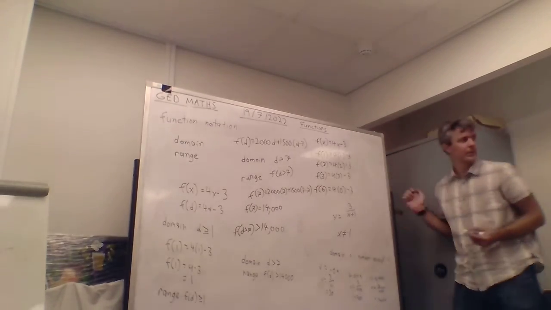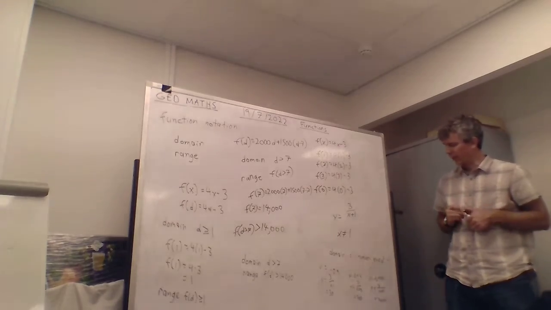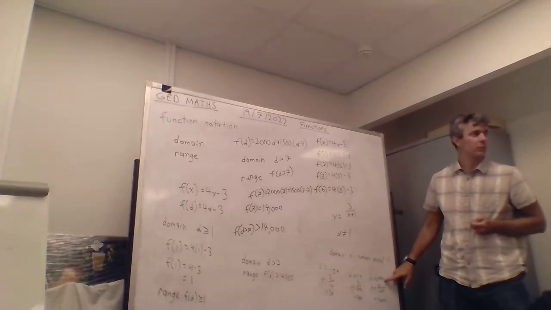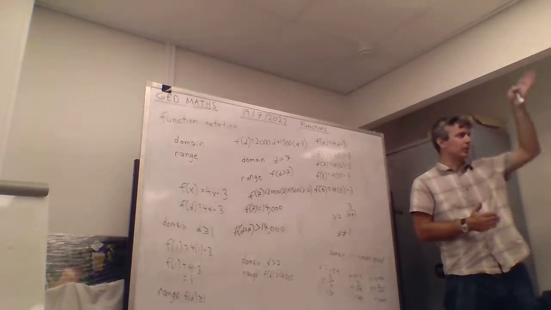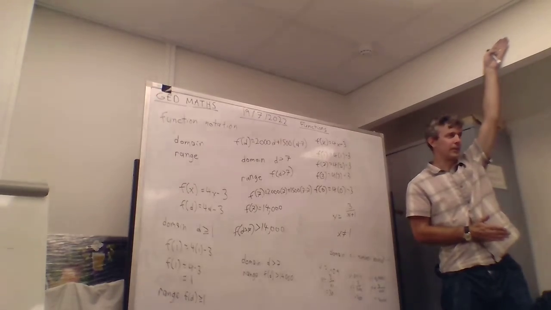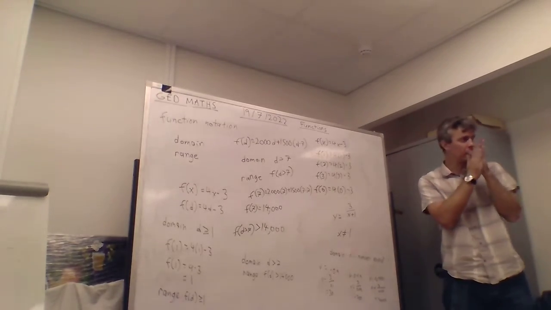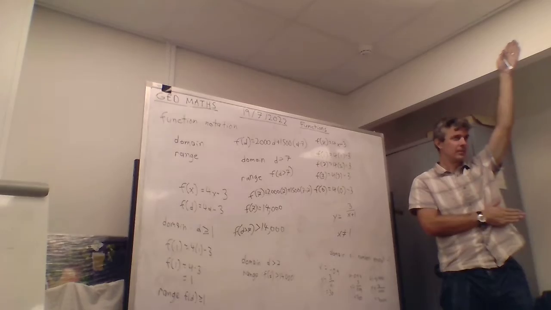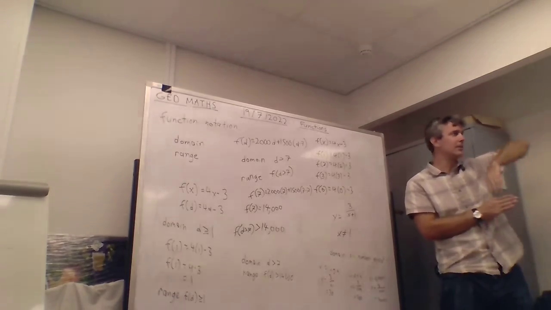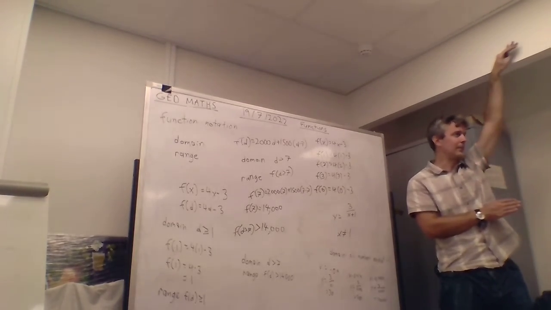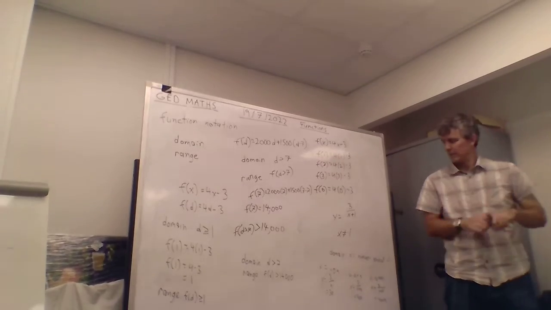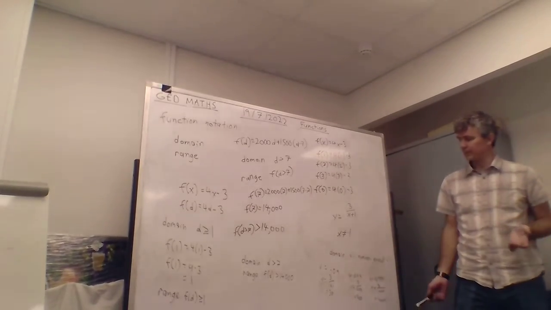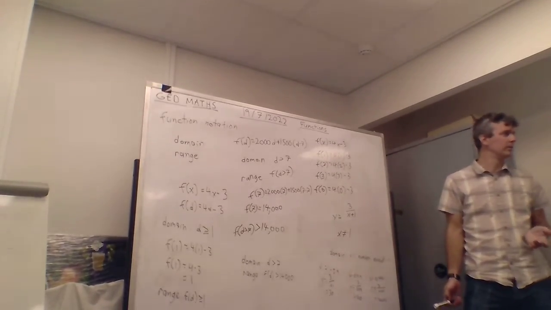Do you see what's happening? As we're getting closer to minus 1, y is getting bigger and bigger. So the closer we get to minus 1, the bigger y gets. So y is tending towards infinity as x gets close to minus 1. But what that means is y basically can be all numbers.